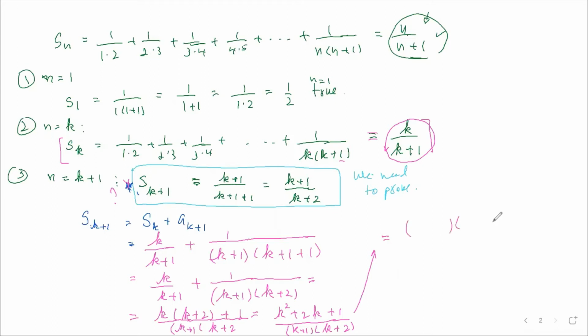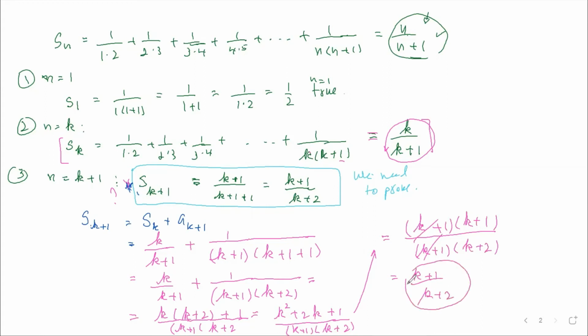Take a look, it becomes k plus 1 times k plus 1, since we need a middle term 2k. Then over k plus 1 times k plus 2. Now you see which one we can simplify. This one cancels, remove it. So we are left with k plus 1 over k plus 2.